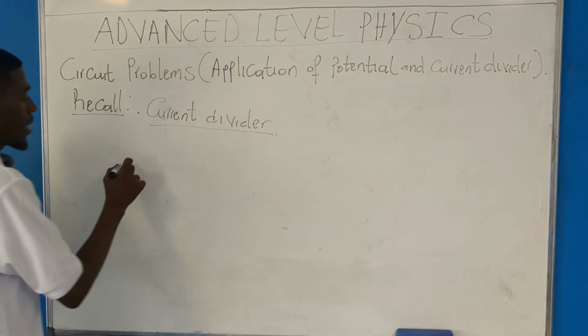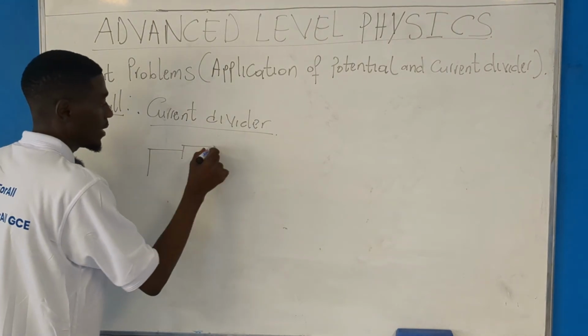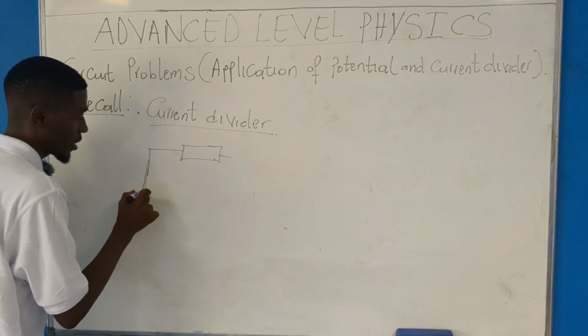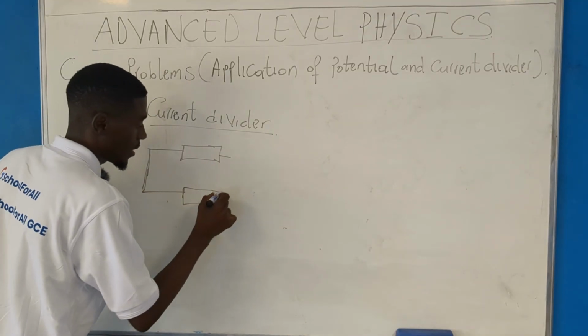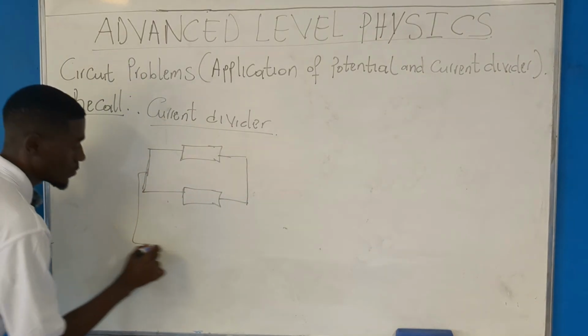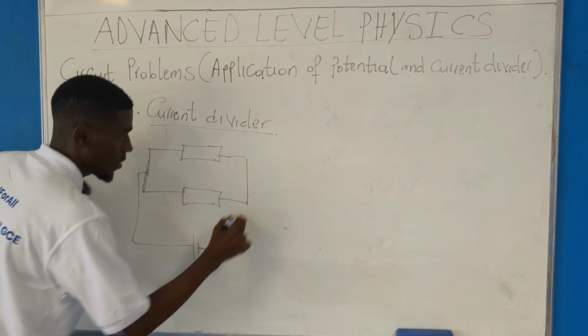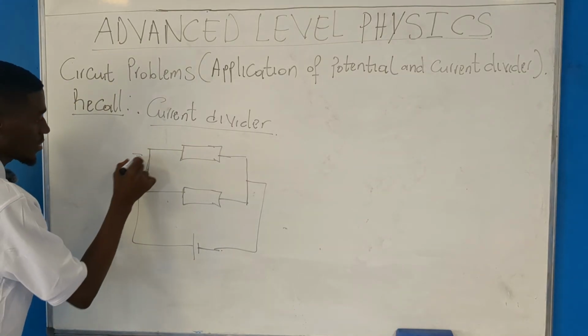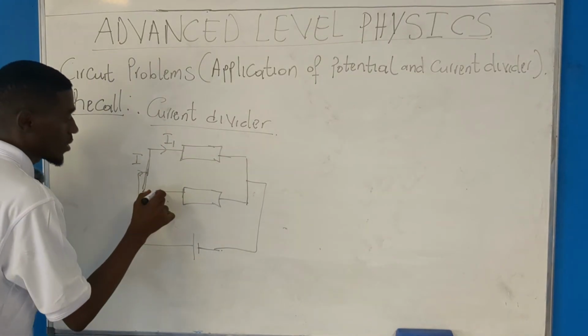now for current divider, we apply current divider when resistors are in parallel, because it's parallel connection that divides current into two. Then we connect a PD here. Then this is the current here, which is being divided into two, I1 and I2.